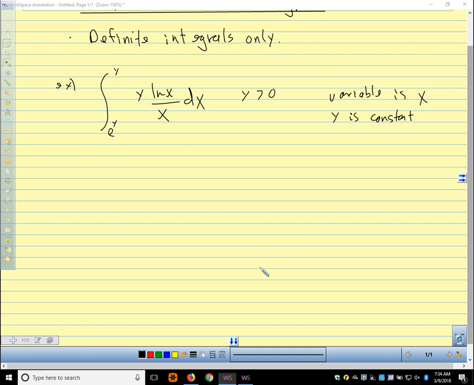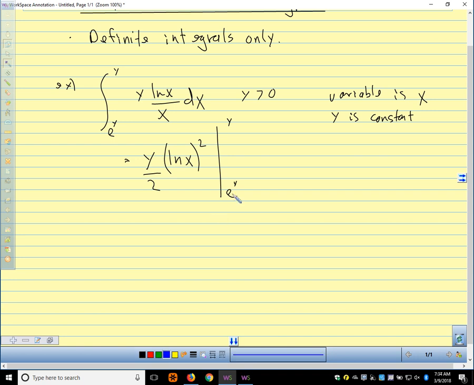If we evaluate this integral, it's just a u sub. u is natural log x, du is 1 over x dx. y is a constant, so we end up with y out front, and we have u, so we have natural log x squared over 2, evaluated from e to the y to y.